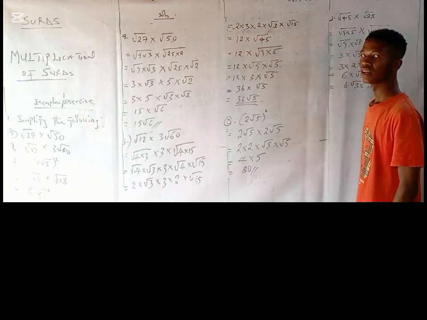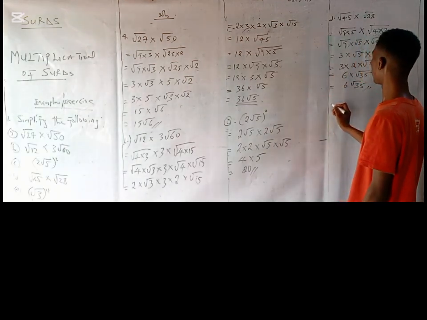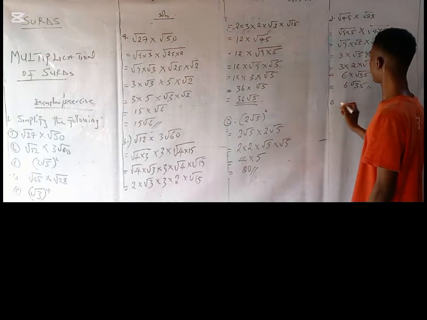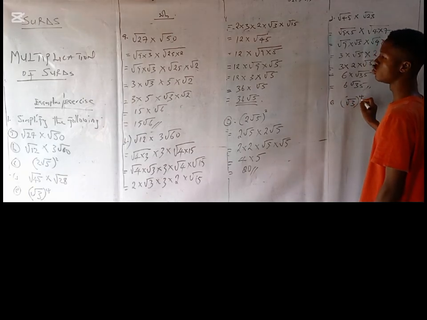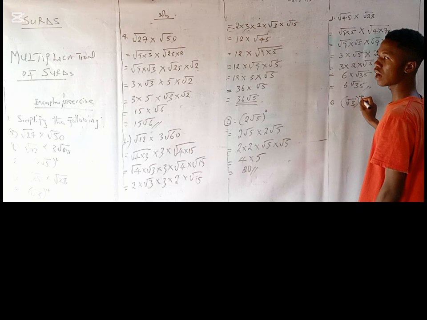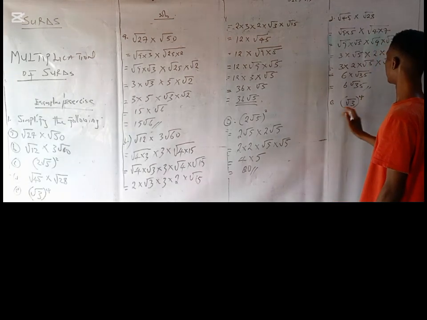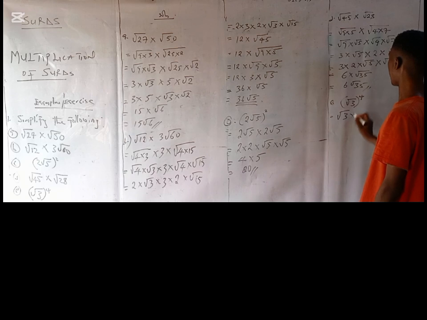Okay, now look at E there. Are we there? So E, you have root 3 raised to power 4, or root 3 index 4, meaning it is in 4 places. So that is root 3 times root 3 times root 3 times root 3.